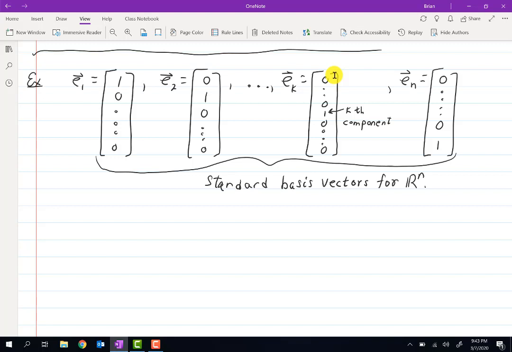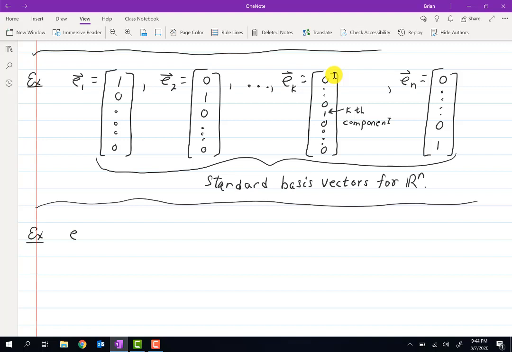And you can see, clearly you should imagine that they span fairly easily. Let me do a real quick example to show that the spanning is so easy. Let me go back to R3.